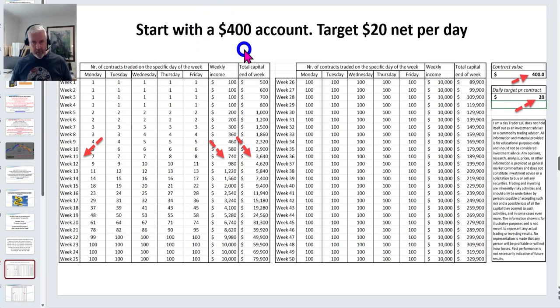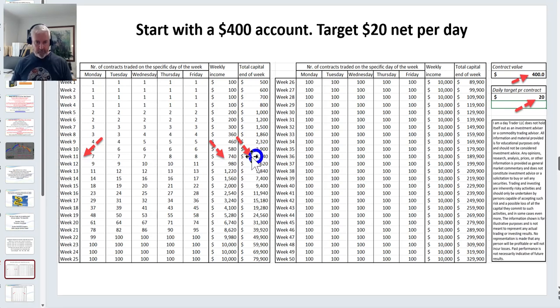Then you start with a micro account, so instead of being $5 a tick, it's only 50 cents. And instead of going for 200 a day, where a micro contract is 10% of the value, you're going for only $20 a day. Now what that means is within 12 weeks, traders, you can now roll over, take your funds out.